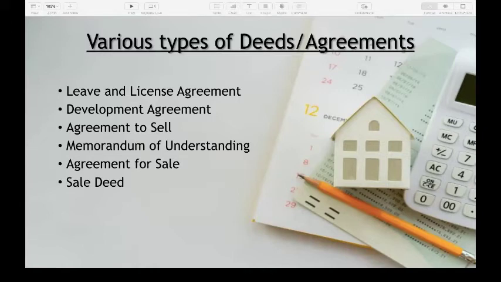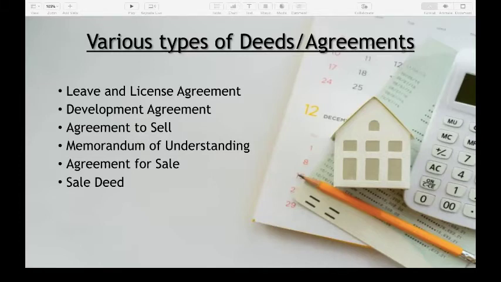Then we'll discuss a brief leave and license agreement, the different terms and clauses which should be kept in mind while drafting it. At the end of the session, I'll show you a sample leave and license agreement, which is very simple in its terms.